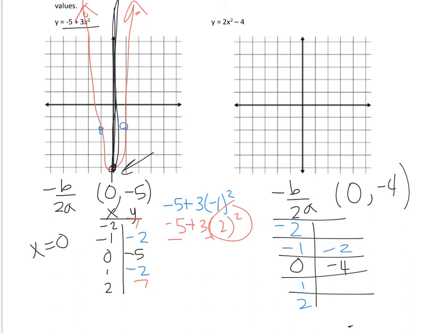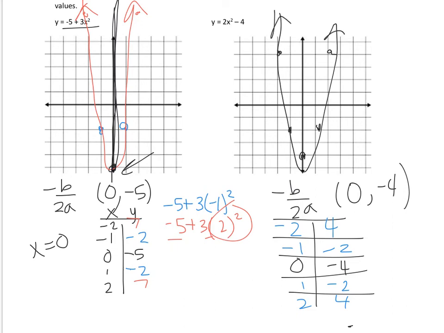I get -2, which means 1 has to be -2 because of symmetry, and I plug in 2, so this is 4 and 4. I plot the y-intercept at (0, -4), and (2, 4) and (-2, 4).